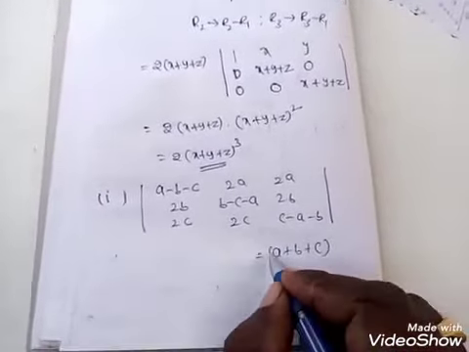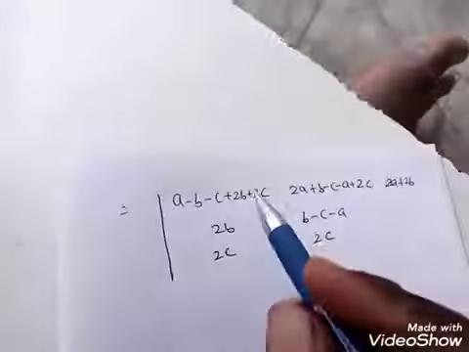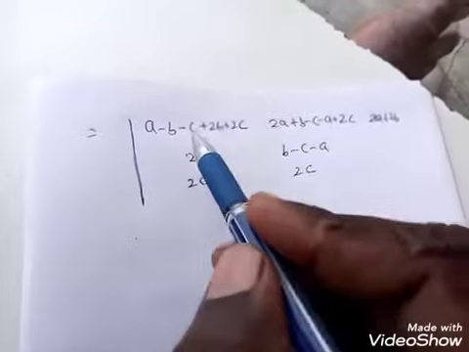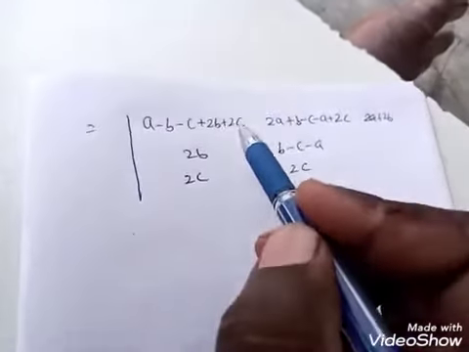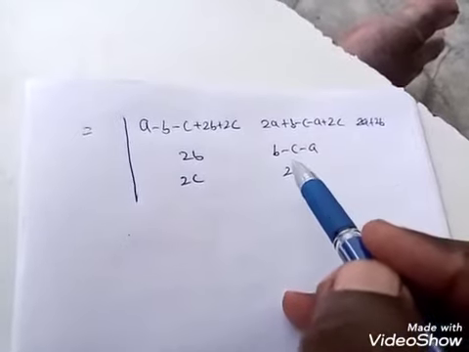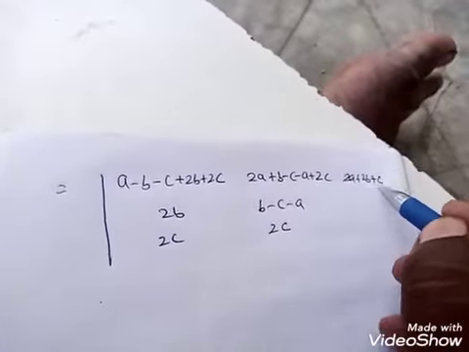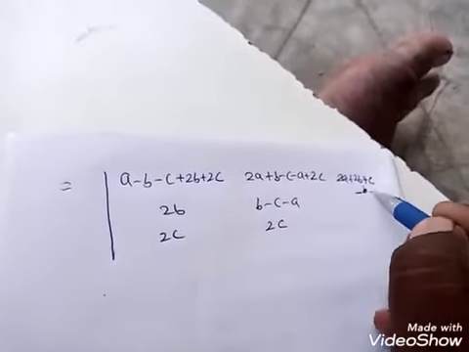If you go for this operation, what are we going to get? Observe there. Row 1 is a minus b plus 2b plus 2c, and 2a plus b minus a minus c minus a plus 2c, and 2a plus 2b plus c minus b minus a.